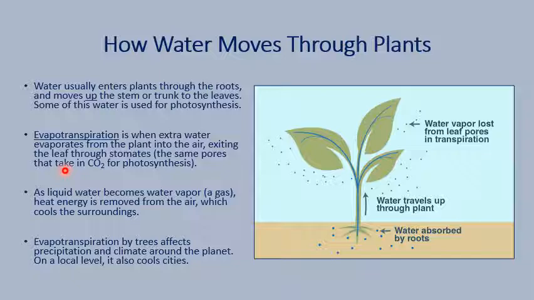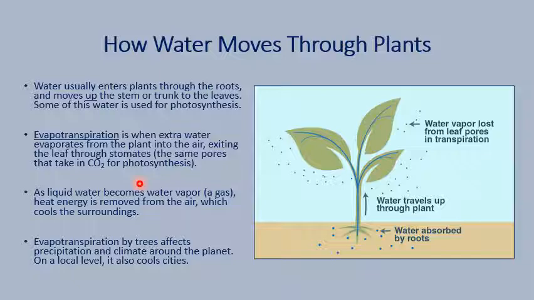Leaves have little pores in them called stomates or stomata. These pores function for two important things. One is that carbon dioxide goes into the leaf through the stomata. The other is that water vapor exits the leaves through the stomata.